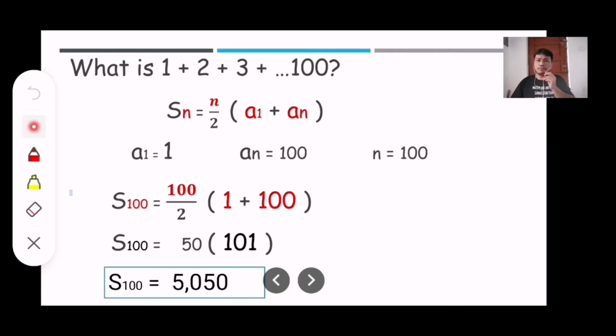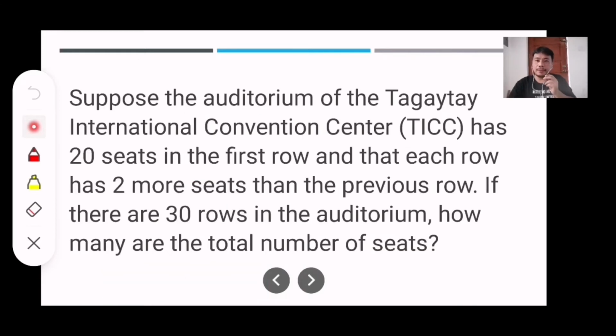How about if the last term is not involved, just like in this situation? Suppose the auditorium of the Tagaytay International Convention Center or TICC has 20 seats in the first row, and each row has 2 more seats than the previous row.